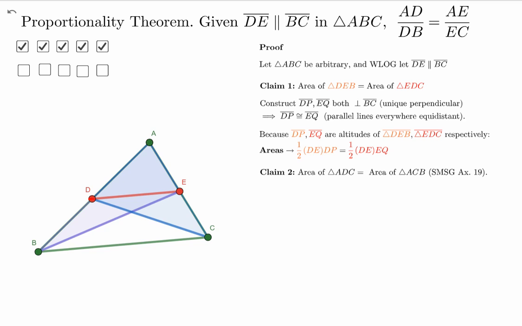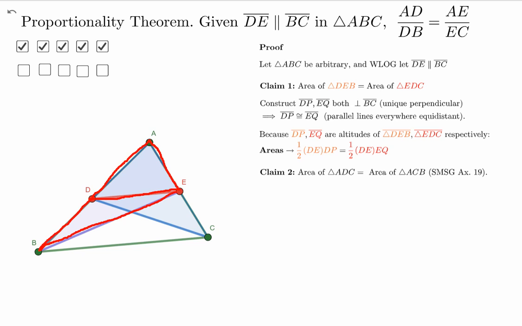Well, it's because of axiom 19, which says that the total area of the purple triangle is equal to the sum of the area of triangle ADE and the area of triangle BDE. In other words, when I have two polygons that are joined on these vertices and lines, DE, then to get the total area, I can add the sum of the two areas.